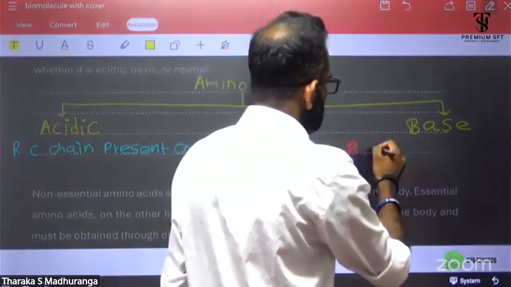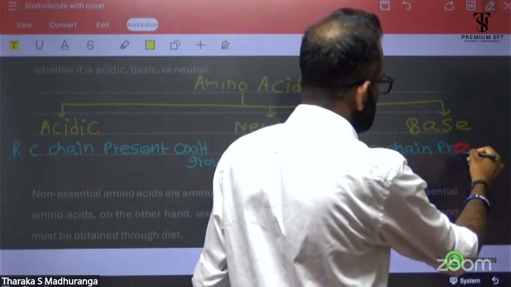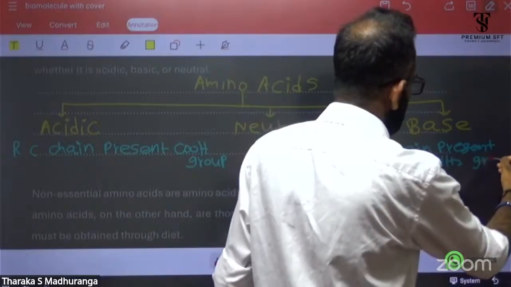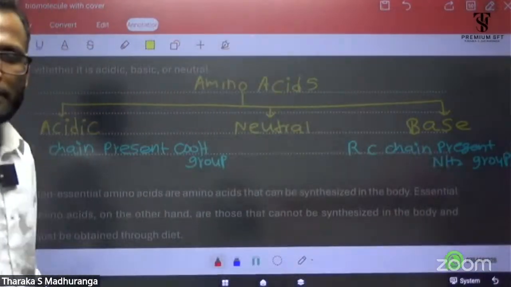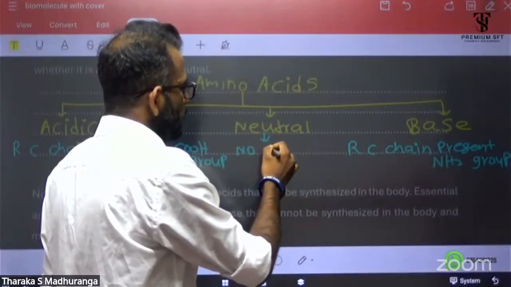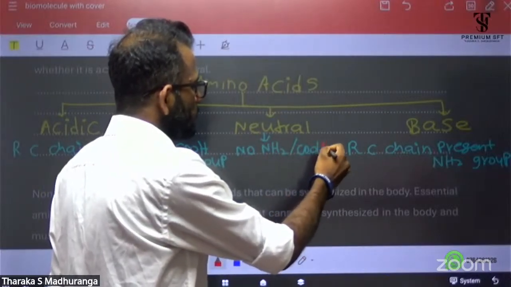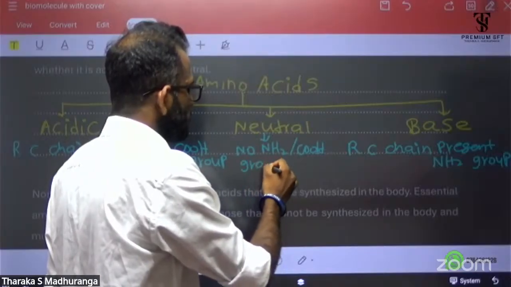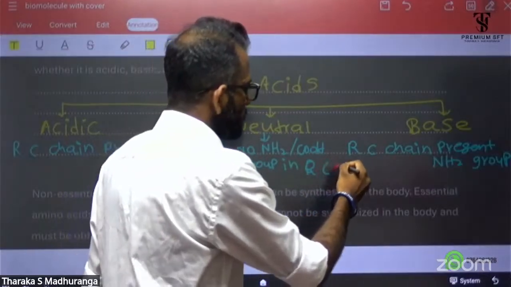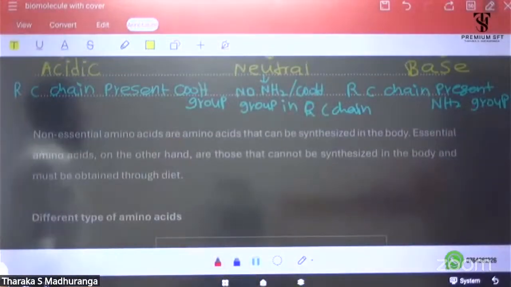R carbon chain present NH2 group. Neutral: no NH2 or COOH group in the R carbon chain. Okay, that's enough.